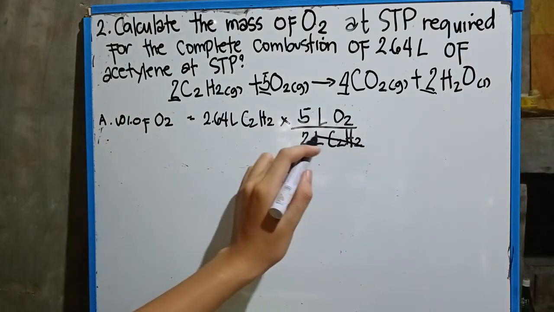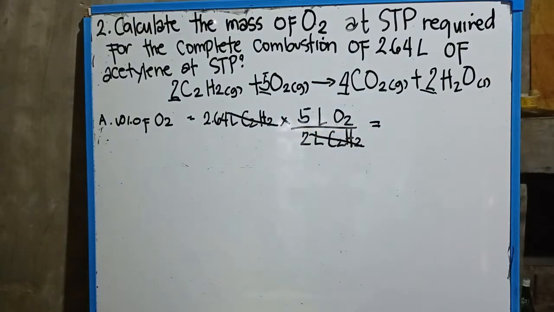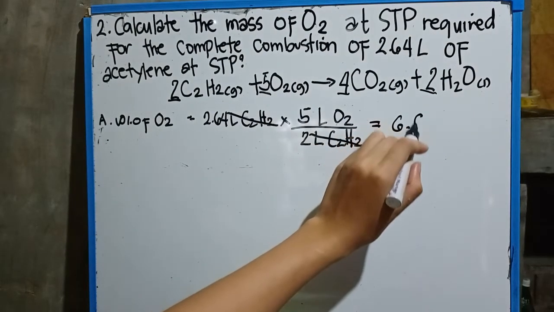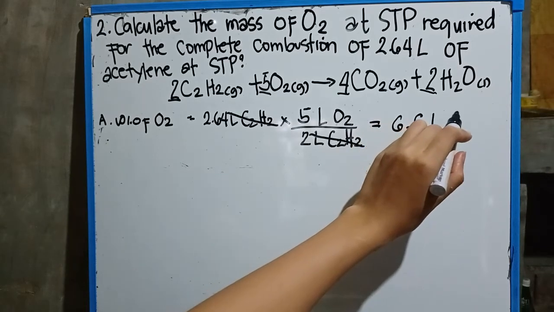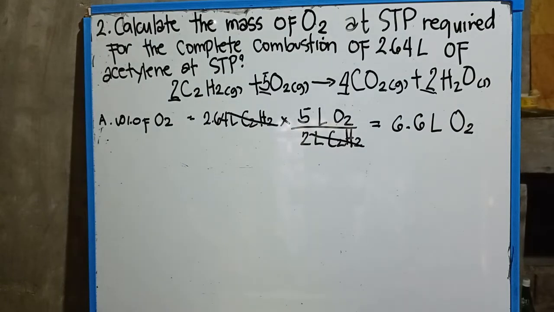So cancel out. 2.64 times 5 divided by 2, so it is 6.6 liter O2.